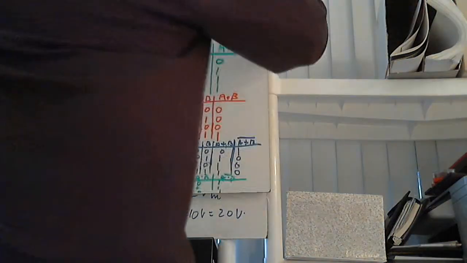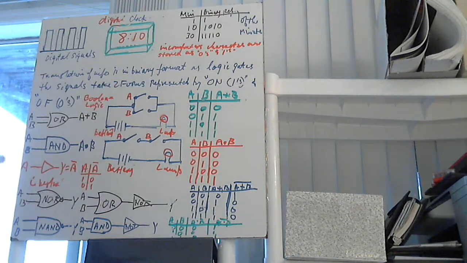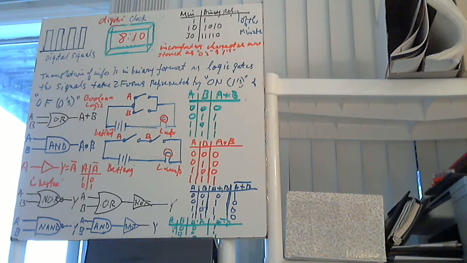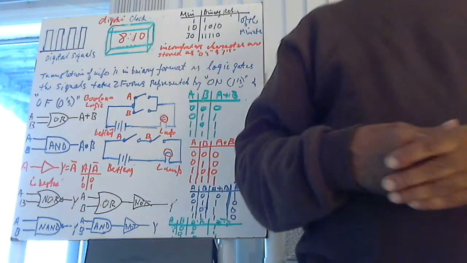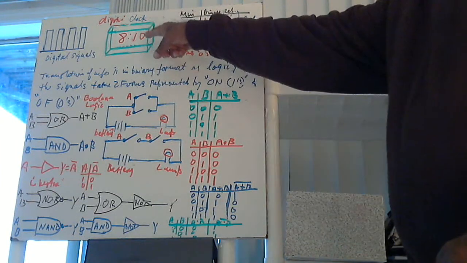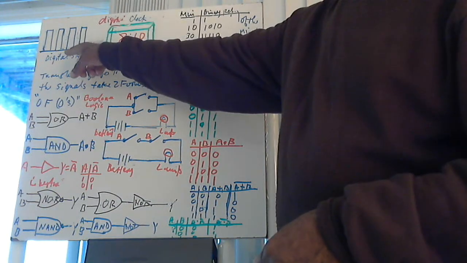So we need to also give some diagram of this type of data or signal. If you look here, I have a digital clock, and the reading on this clock here, 8:10, is digital. We have a representation here.